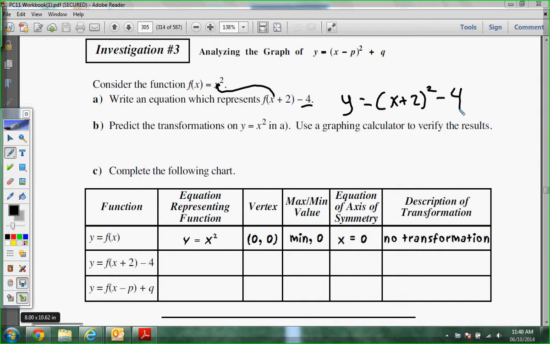Well, we just learned that this plus 2 means left 2. And then we learned before that the end is our vertical, which would be down 4. Remember, opposite movement here, normal movement here. Okay, let's fill out the chart and see how we do.